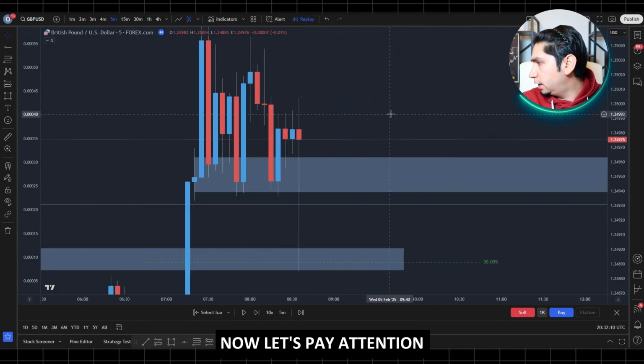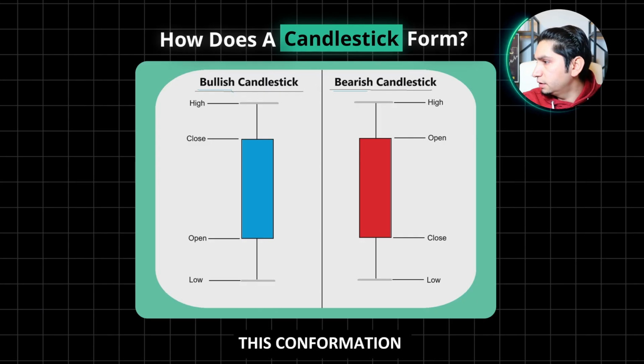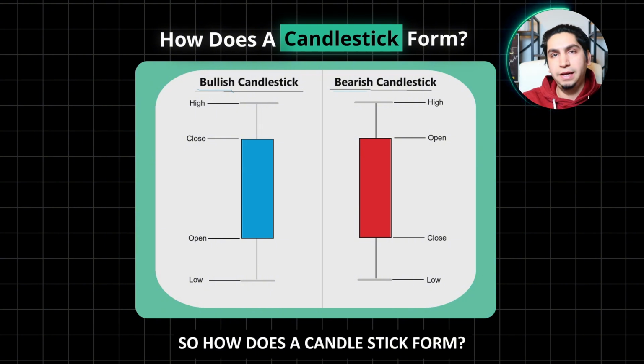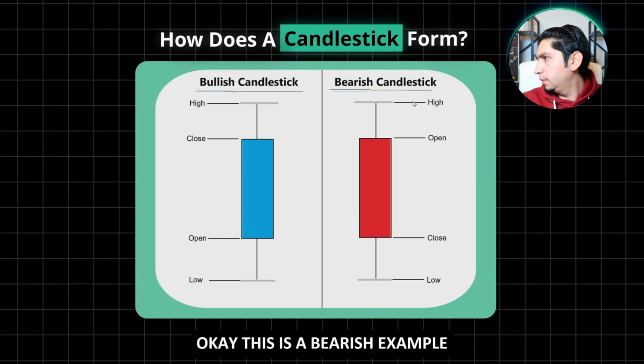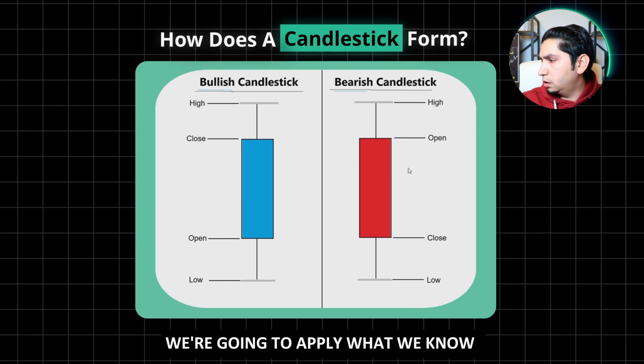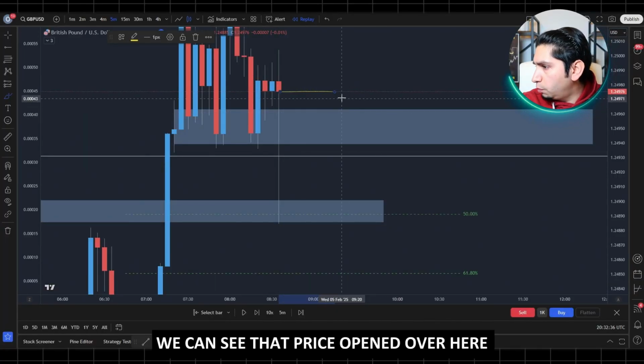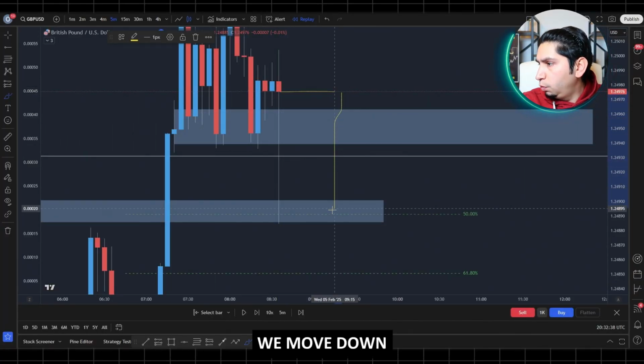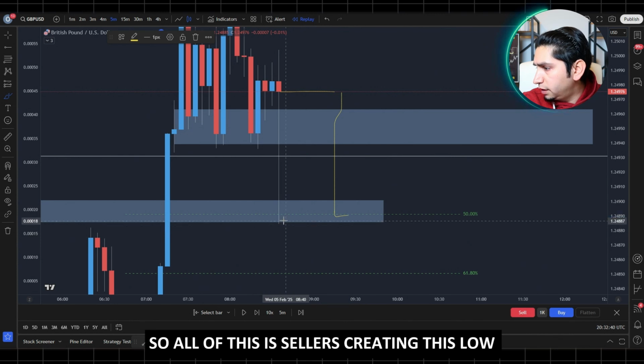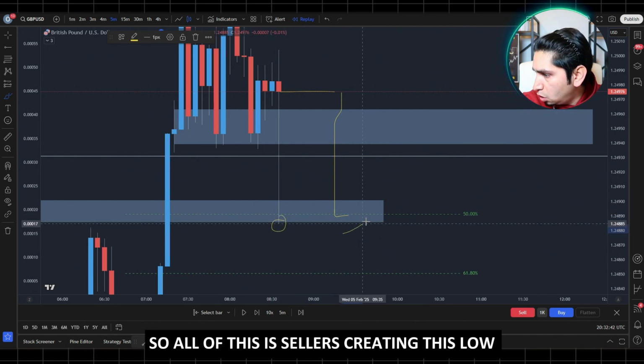Now, let's pay attention to this candle using this information. So how does a candlestick form? Okay, this is a bearish example, so we're going to apply what we know from the right side. Now we can see the price opened over here. We moved down, so all of this is sellers creating this low.